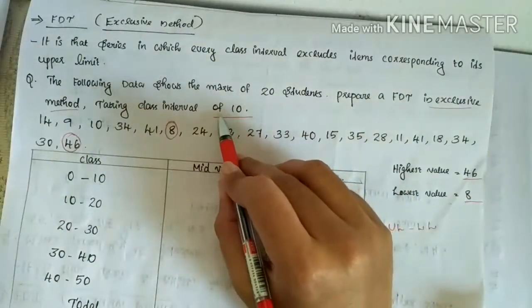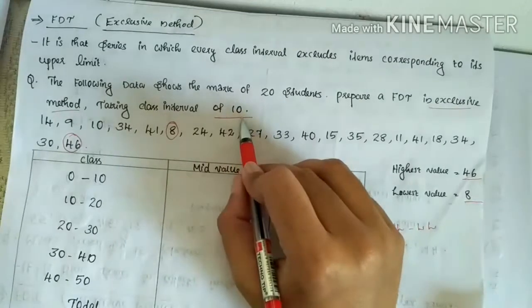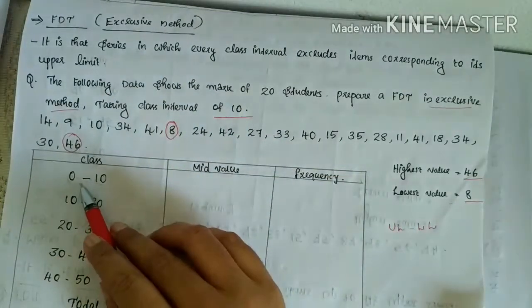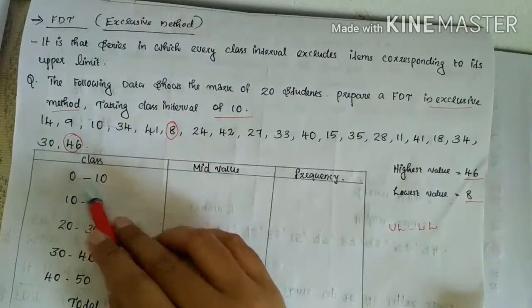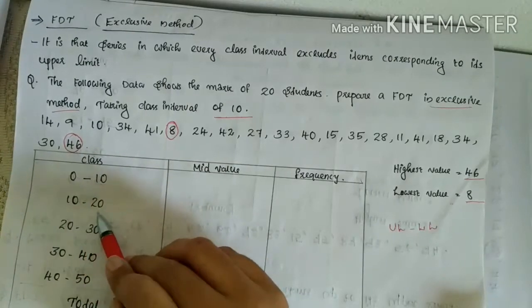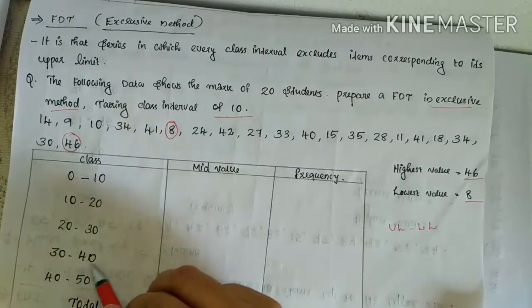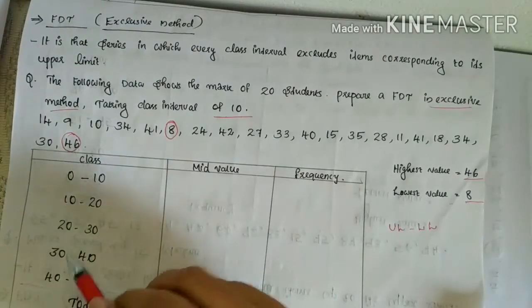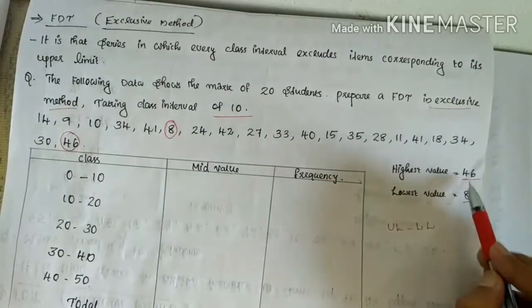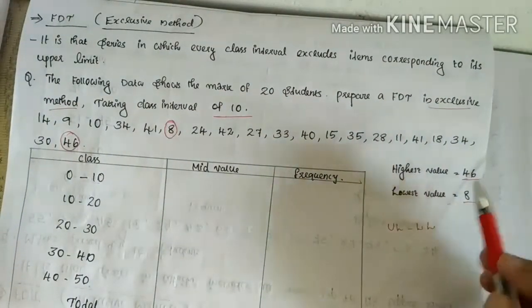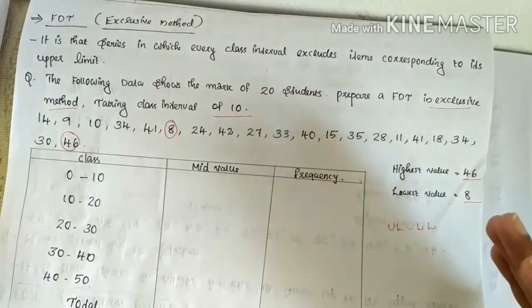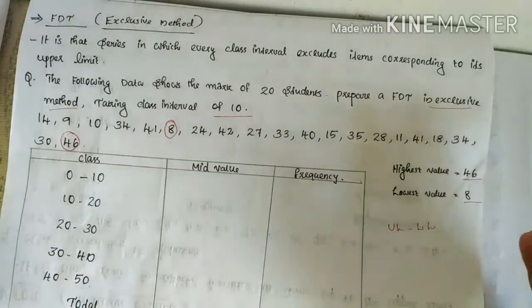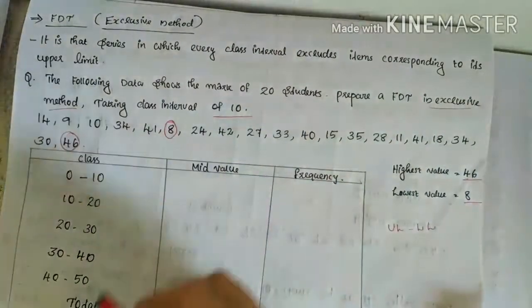Taking class interval of 10, the classes are 0 to 10, 10 to 20, 20 to 30, 30 to 40, 40 to 50, because the highest value is 46 and the lowest value is 8. Both are included in the classes.